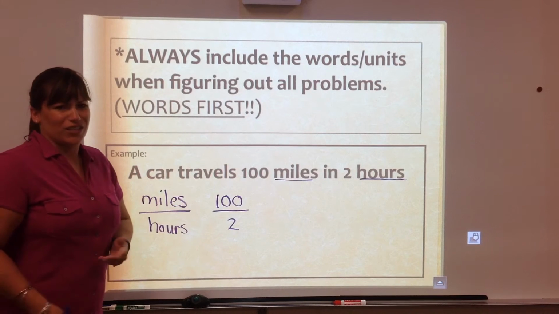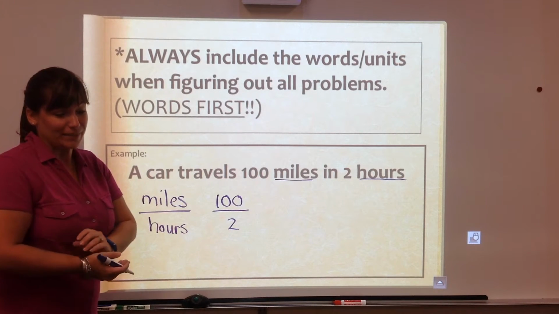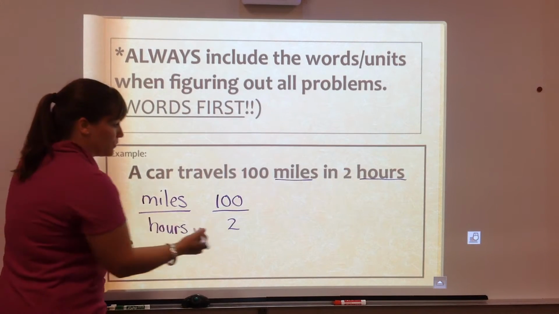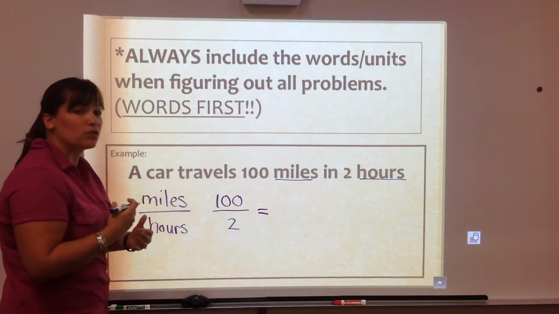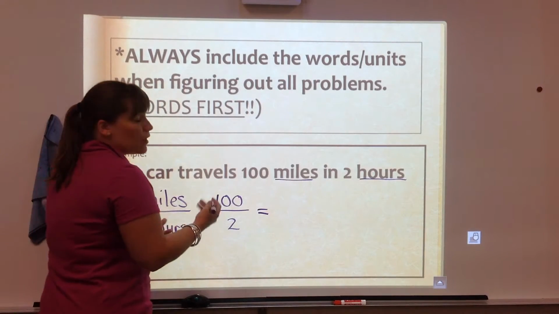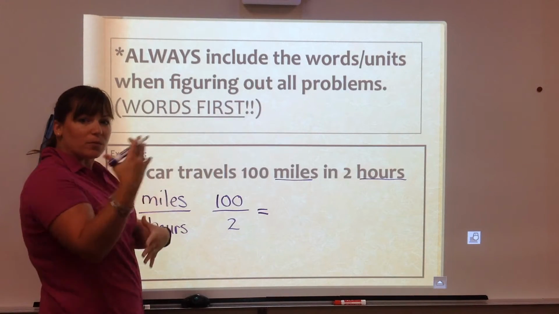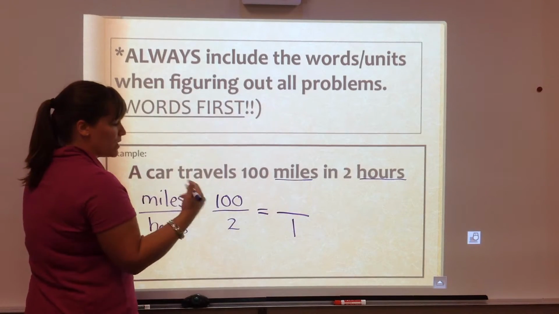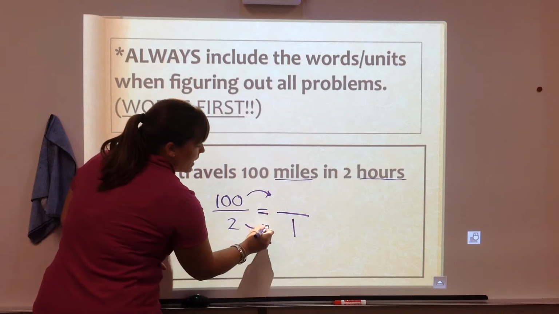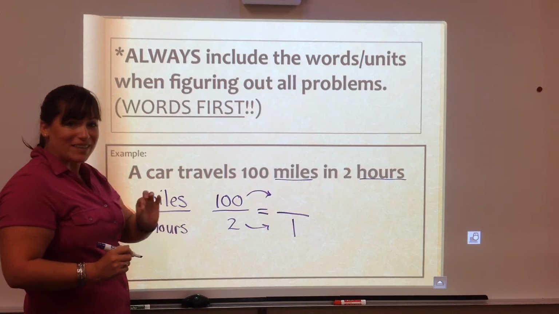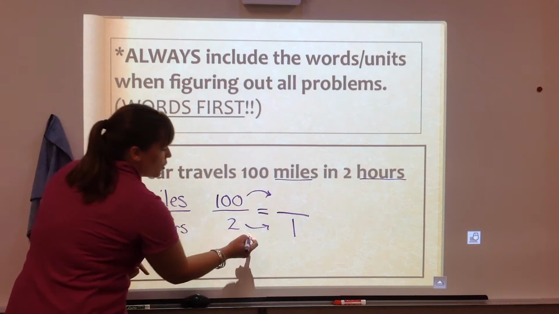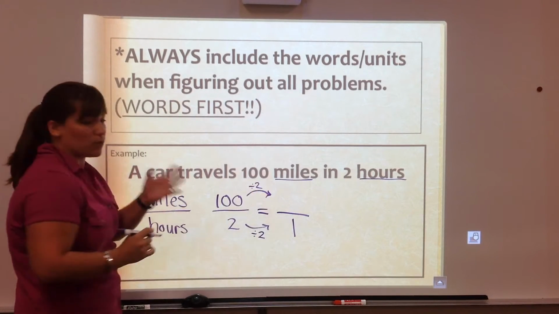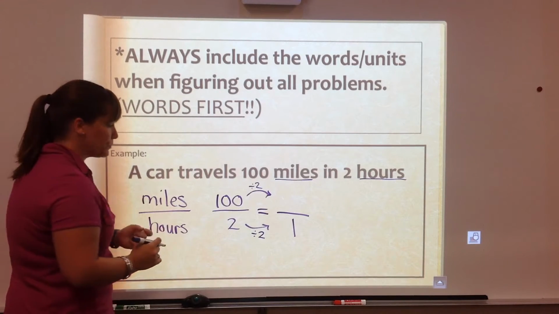Now I have to ask the question, can I simplify this? I can. I'm going to be dividing each side by 2. Oftentimes we want to write things in simplest form. In your previous years, you probably did the arrow thing. I think I did that in the previous video. You are wanting to divide both the numerator and denominator by the same number. So in order to get this to be simpler, I'm going to divide both the top and bottom by 2.